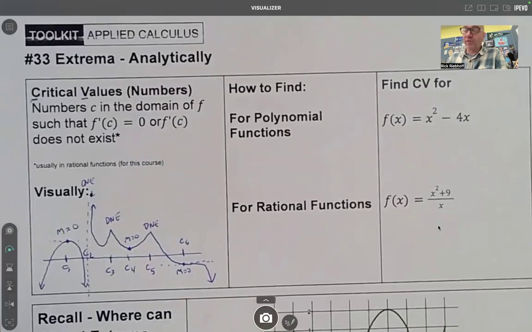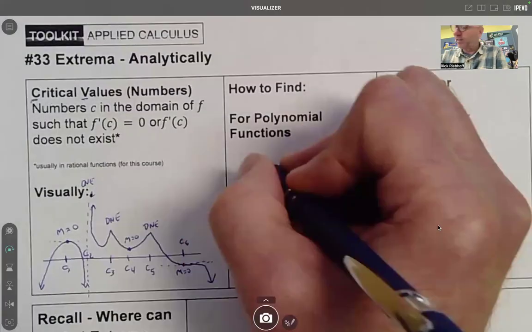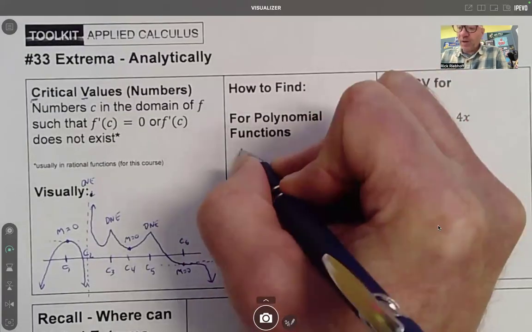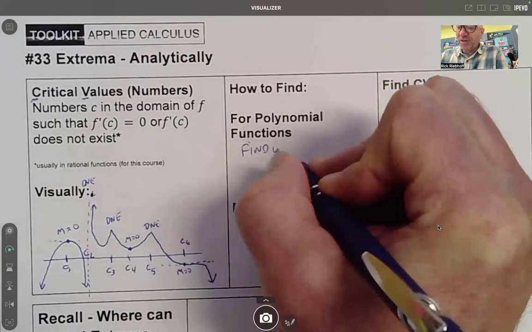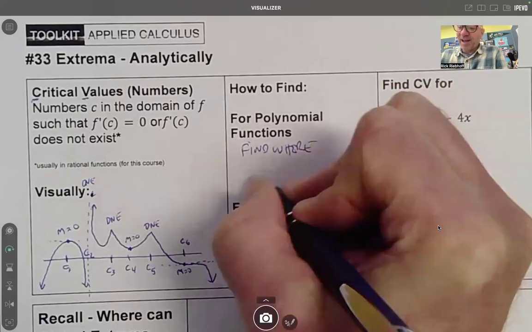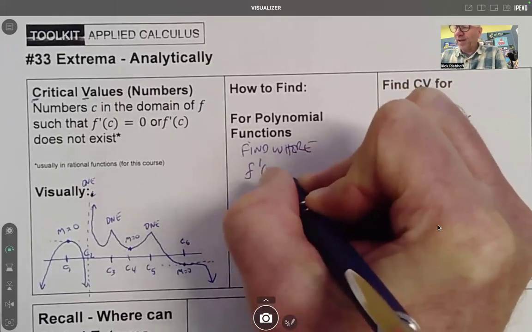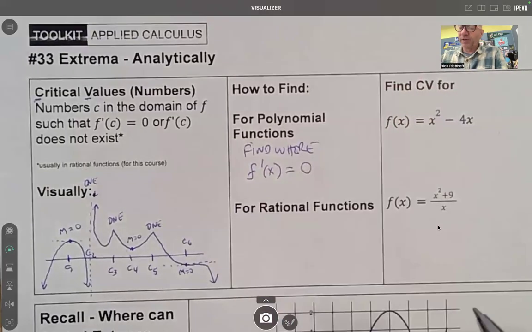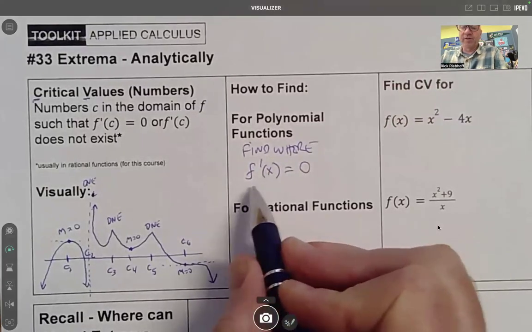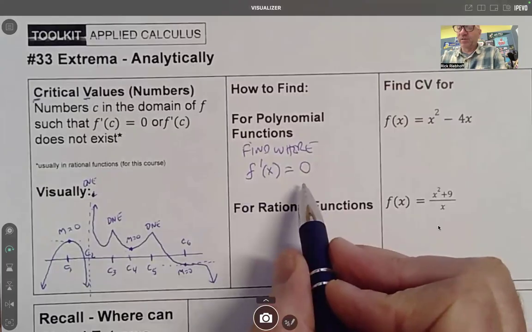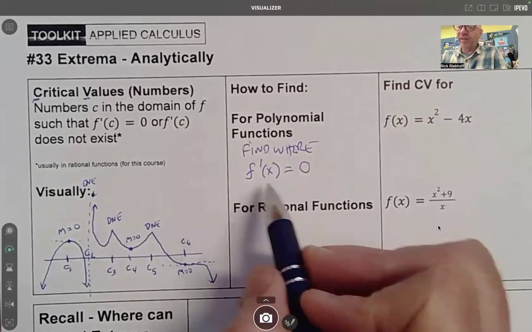So how to find them for polynomial functions, it's super easy. Super, super easy. Step number one, or actually the only step, find where f prime of x is equal to zero. Find where the derivative equals zero.